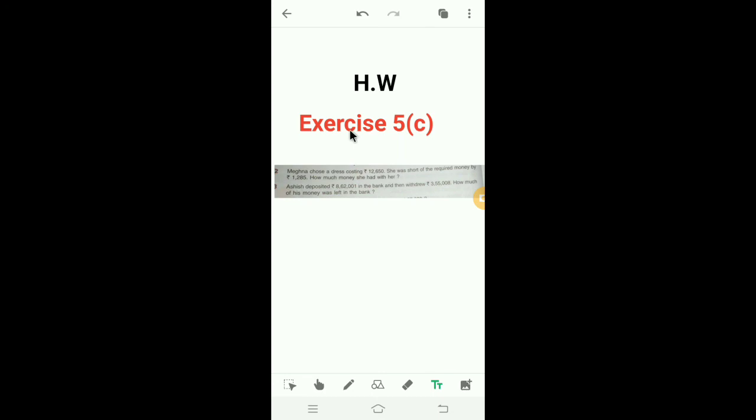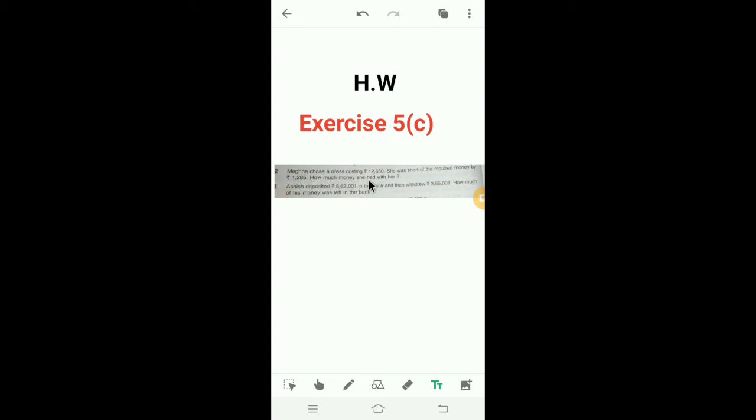Today's homework: solve exercise 5C. In the second one, Meghna chose a dress costing rupees 12,650. She was short of the required money by rupees 1,285.